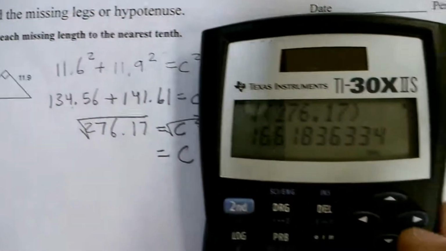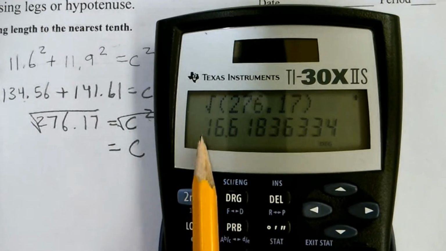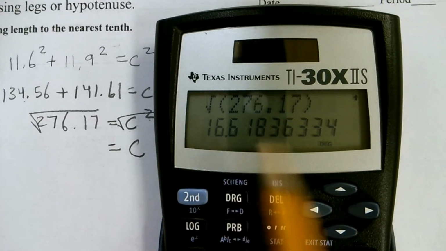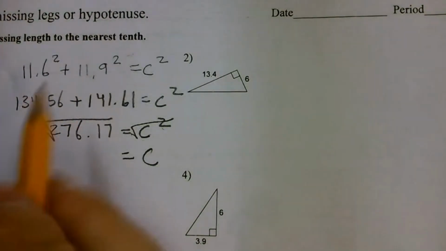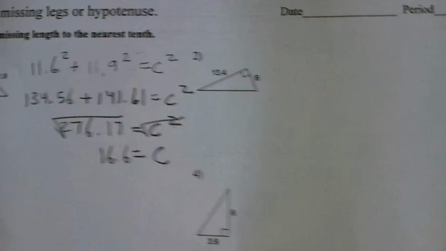So when I did that, I got this on my calculator, so I'm just going to round this to the nearest tenth. So 16.6, and then that 1 tells me to keep it just as the 6. So this is going to be 16.6.